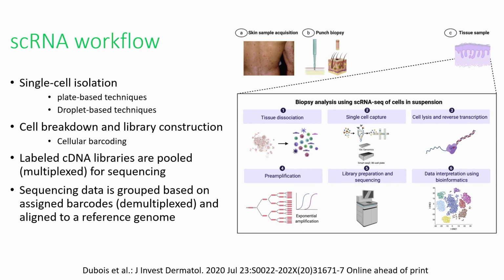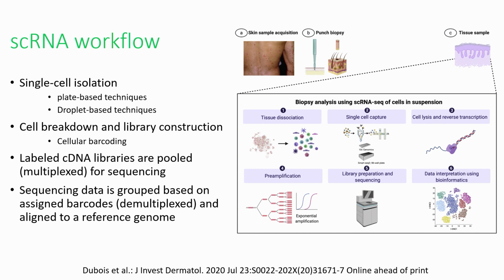Once you encapsulate a single cell into such a droplet, you can take the transcriptomic content with a barcode. The cells are broken down, sequenced, and then with complex bioinformatics analysis, those cells are reassembled, and the single-cell RNA-seq analysis can be performed.